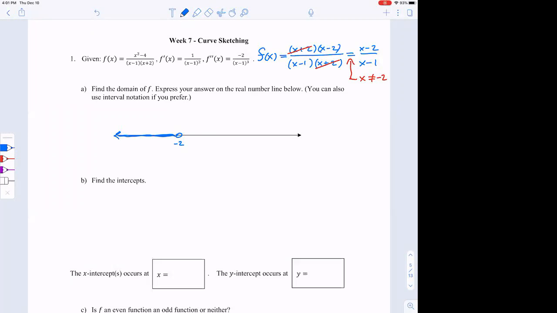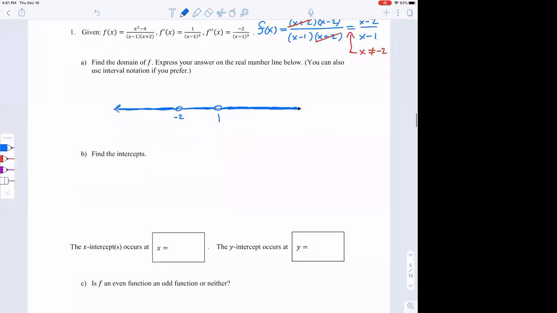And then as we go forward, we can shade everything in up until 1. That would be another value that we can't plug in and then we can shade in everything afterwards. If you'd like to use interval notation, you can do that too. And I did that on the solutions that I posted on eClass as well.